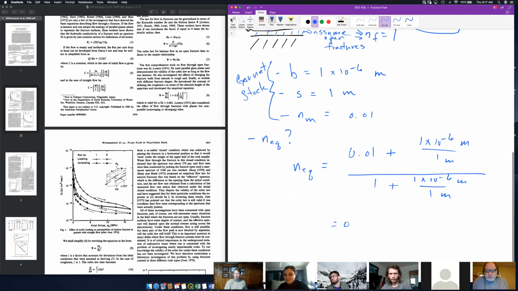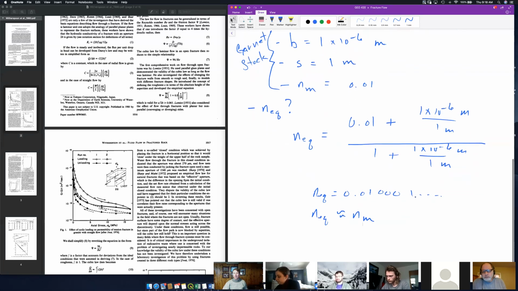It's equal to like 0.0100001 something. All right. But basically the equivalent porous medium porosity, the fractures are so small, the aperture is so small that its N equivalent is basically equal to N matrix. Unless you have very large fractures or your spacing is very small.